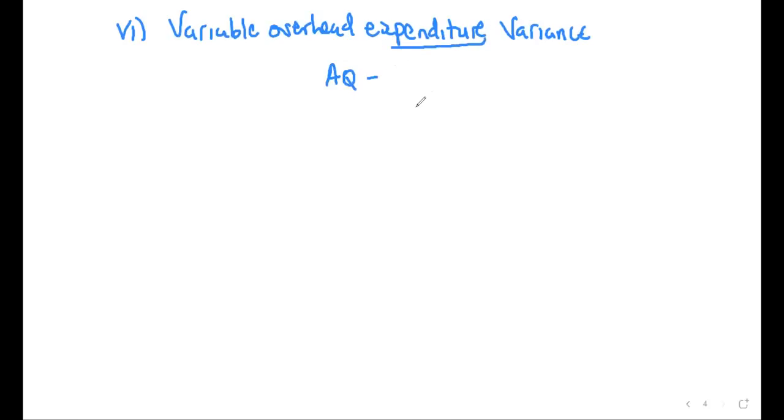Expenditure is just like price. Anyone else who can come up with that formula?